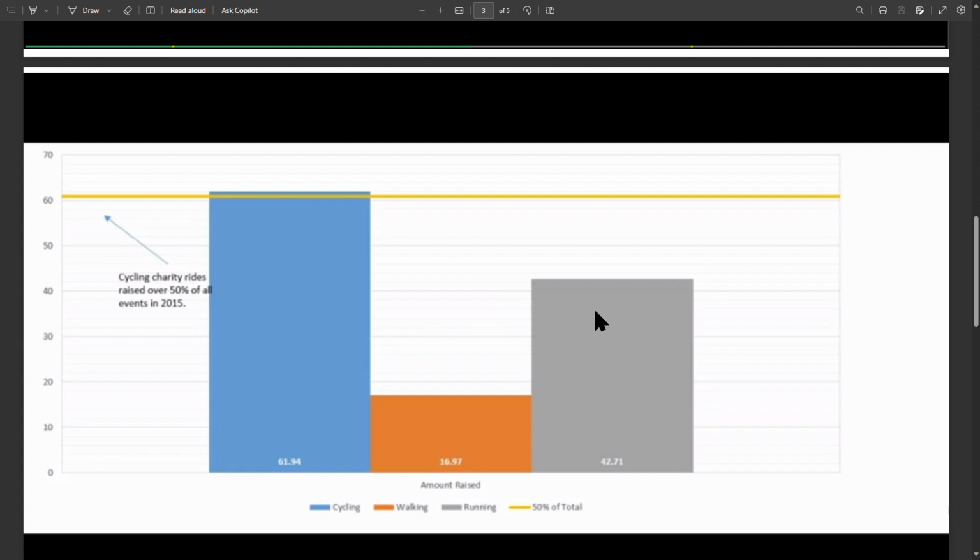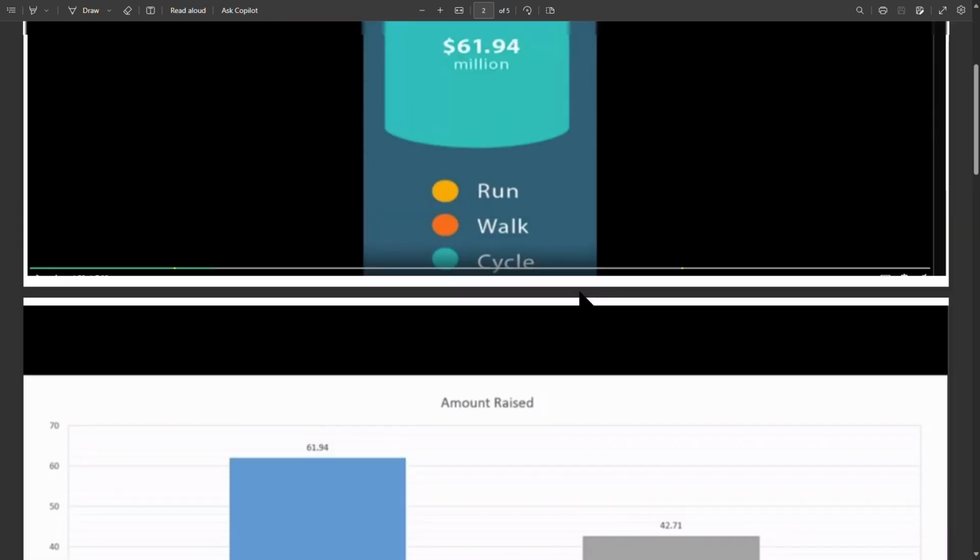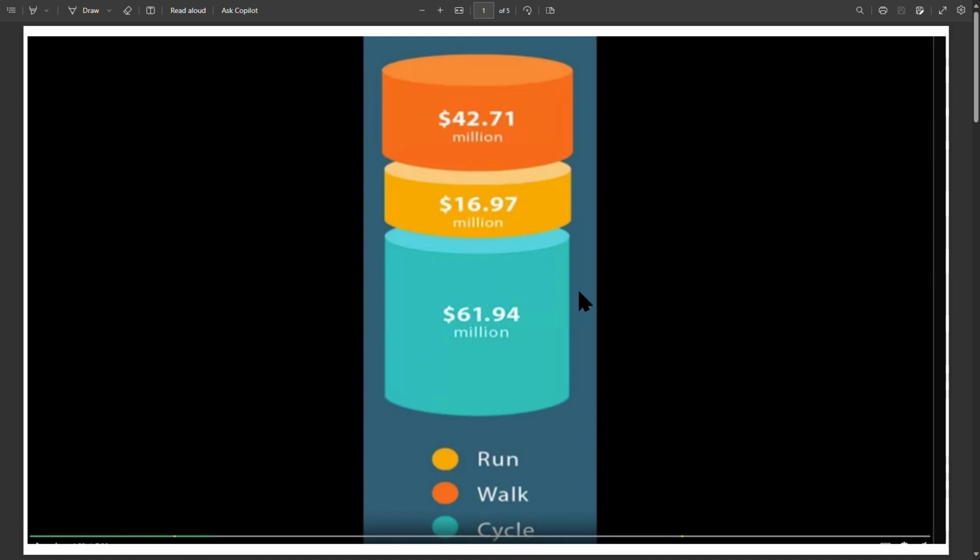Let me quickly summarize what we learned today. We learned about visuals and how to make them more easily readable. We looked at an example published by a firm that shows the sum earned by cycling, walking, and running, presented as a 3D pie chart, which was not easily readable.